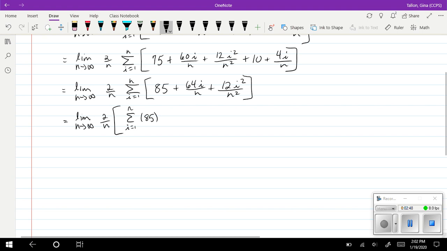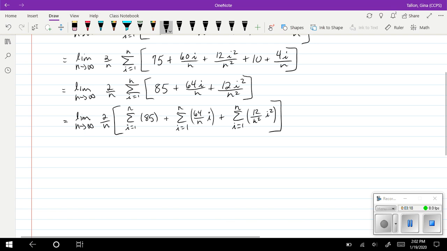Looks kind of like an H, doesn't it? Plus the summation again as i goes from 1 to n of 64 over n multiplied by i, and then plus the summation as i goes from 1 to n again of, let me wrap that in parentheses, 12 over n squared multiplied by i squared.